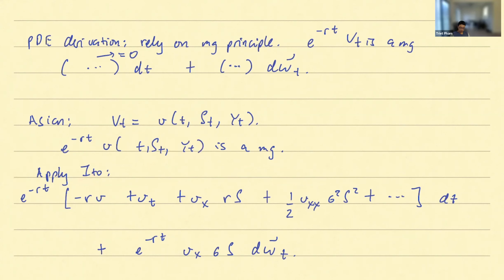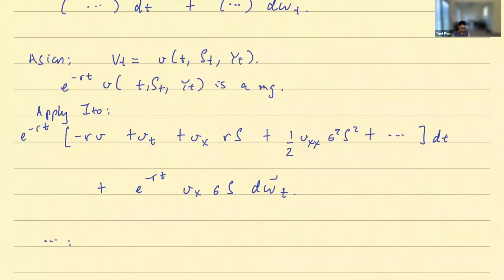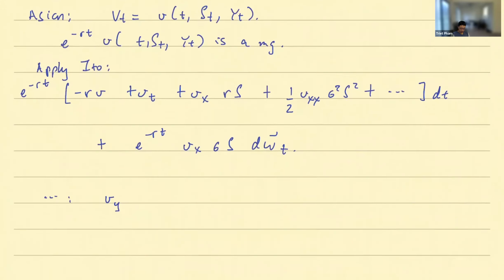The Ito formula needs one extra part, which is the dot dot dot part I was reserving. What is this dot dot dot part? The dot dot dot part is coming from V_y dY_t.